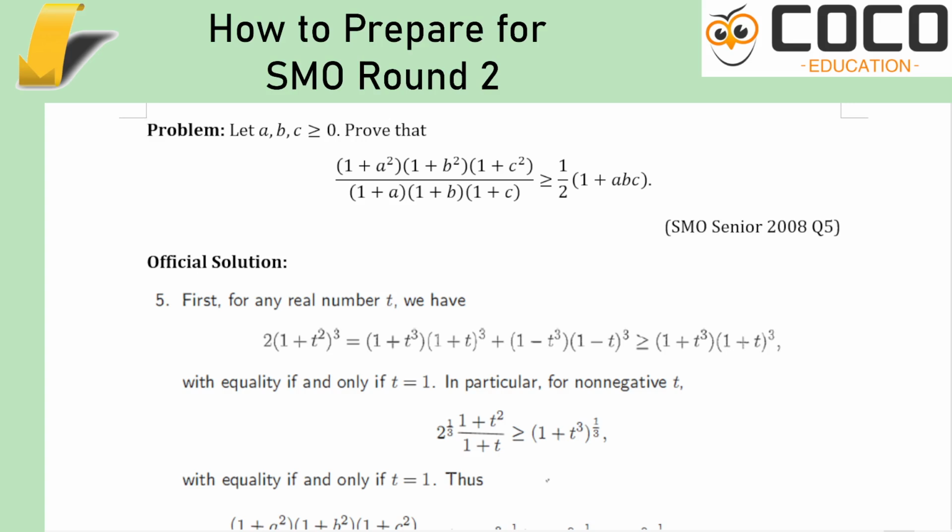Okay, so this question from 2008, they're all from Senior. So for those of you in Junior, maybe it may be a little bit newer to you, but I think you can still understand it. Now, the idea here is that we're just given an inequality to prove.